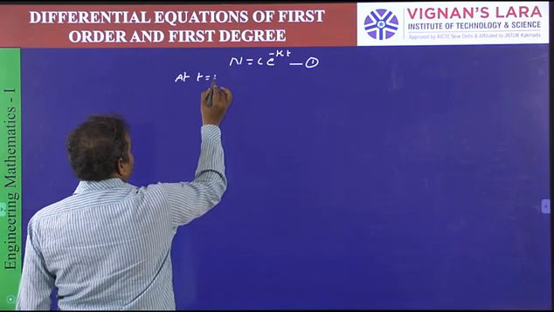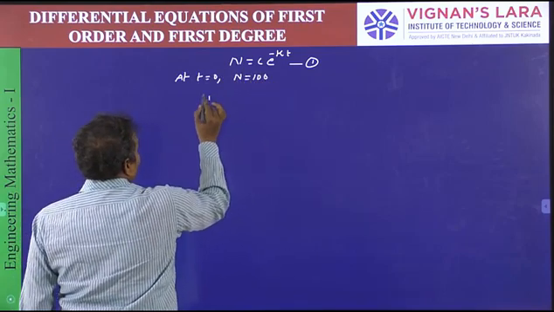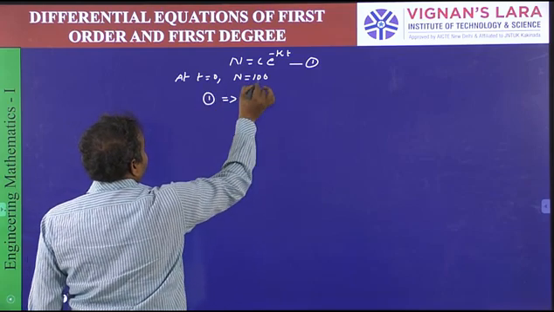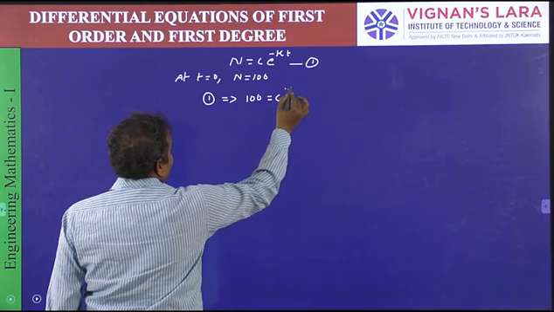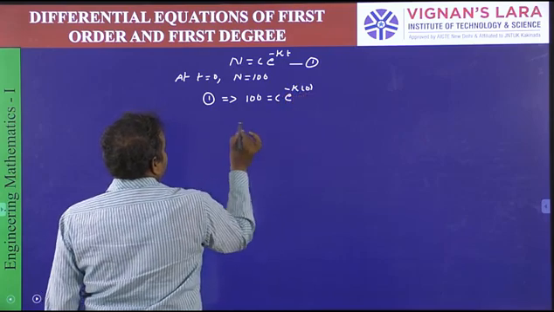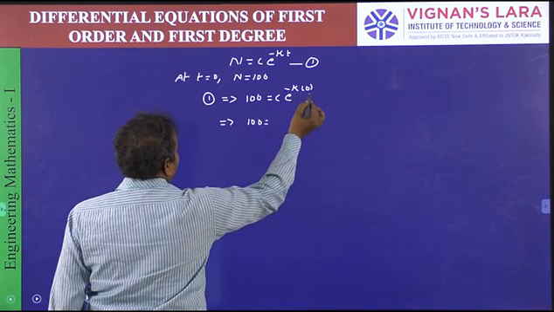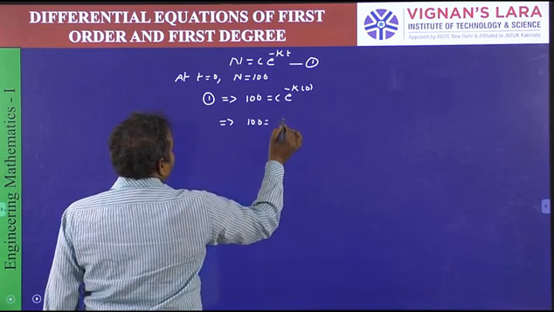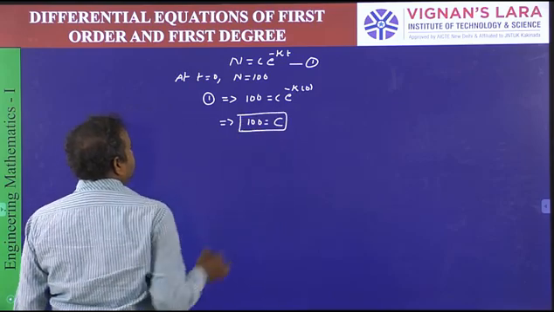At t is equal to 0, quantity is 100. Substitute in equation 1: 100 is equal to C into e power minus k into 0. That implies 100 is equal to C into e power 0. Anything power 0 is 1. So C is equal to 100.